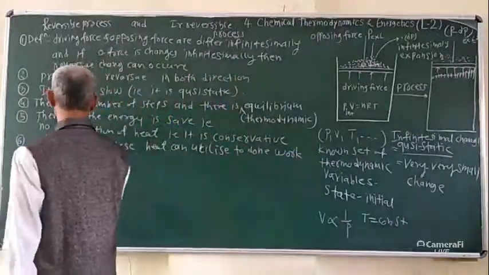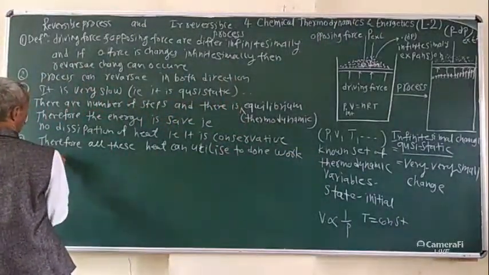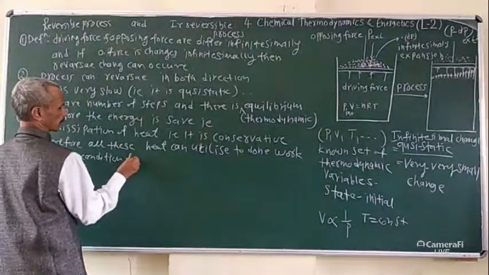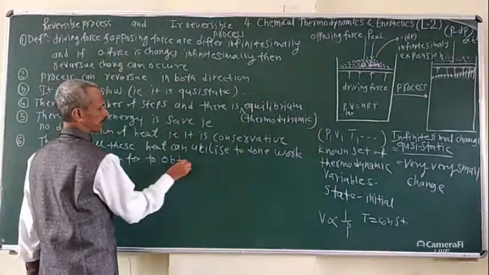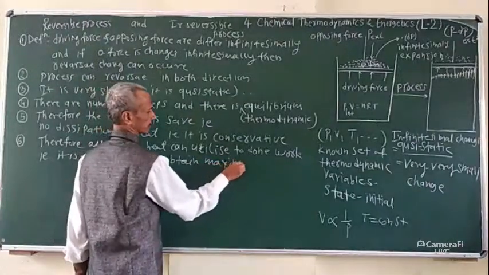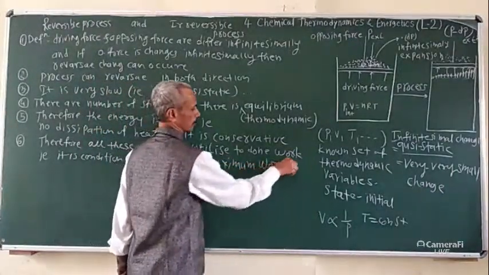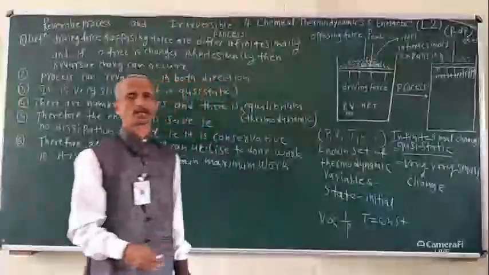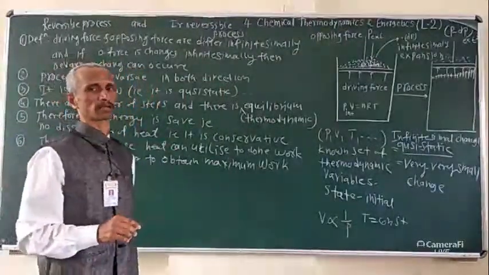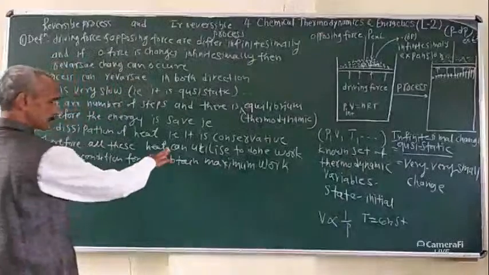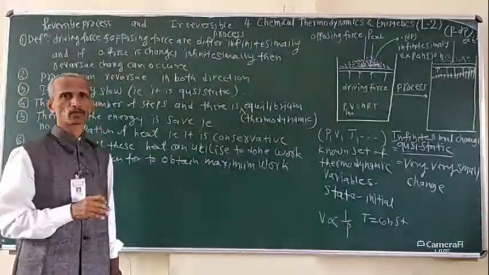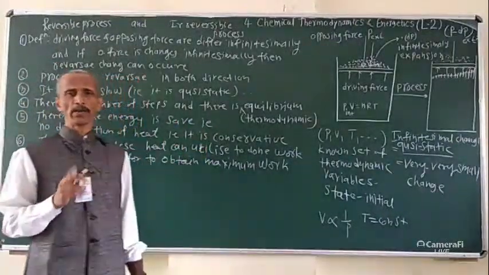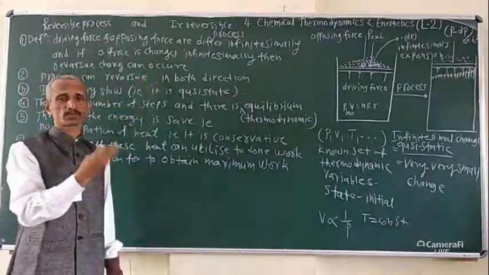It is a condition to obtain maximum work, because at every step there is equilibrium, and therefore between system and surroundings there is not much heat loss. To obtain the maximum work during the displacement, this is one of the conditions. Isothermal and reversible processes always give the maximum work.